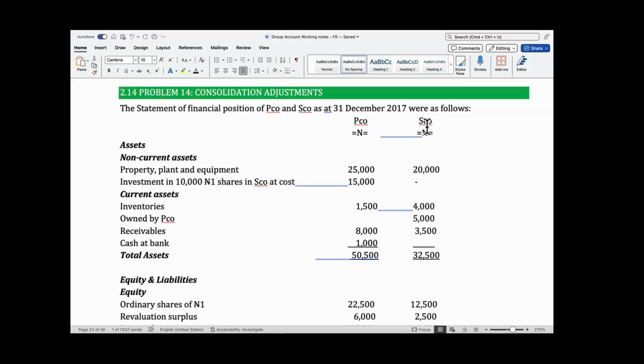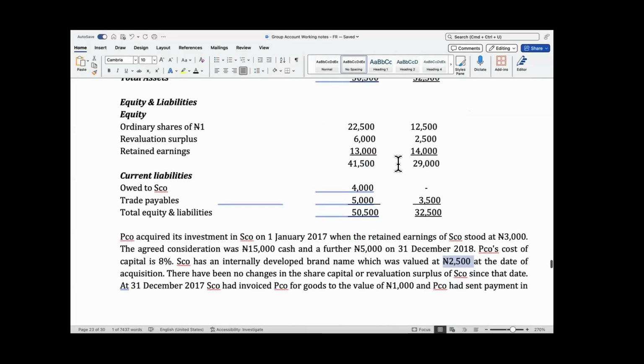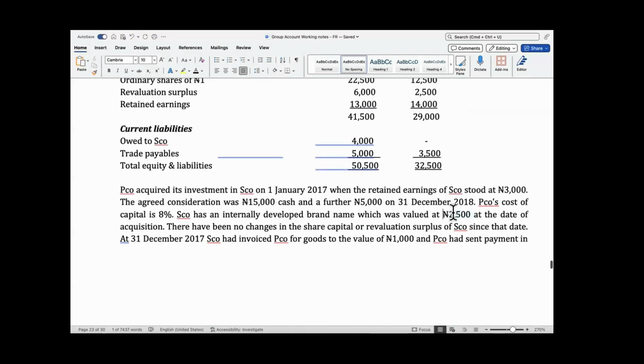Credit reserve, you debit intangible asset. That's how you record this. Now, you also need to understand that this reserve, because it's a surplus, is a fair value surplus.